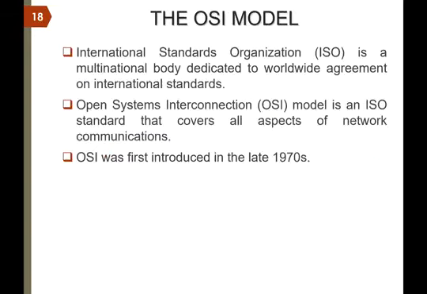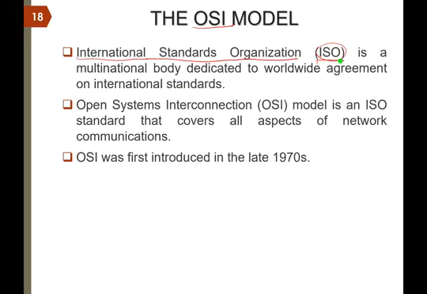We have another model, as we said, the OSI, Open System Interconnection model, which was released by the International Standards Organization, or ISO, a multinational body dedicated to worldwide agreement on international standards. It releases standards not only on networks but on different things.